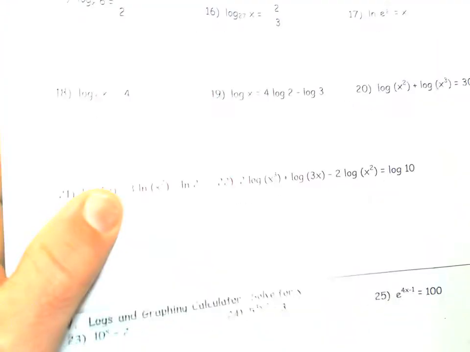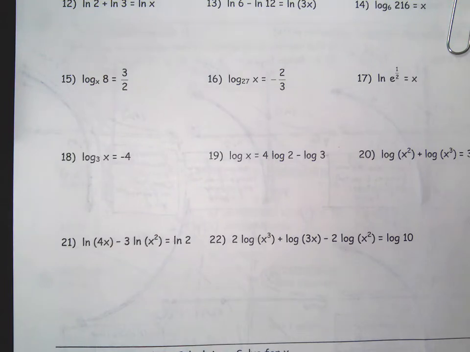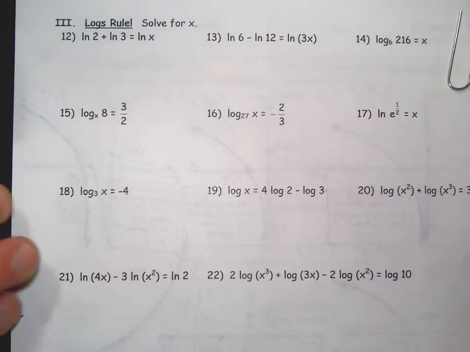We got solving some log equations. So there's two scenarios we're looking for here. We either want to get log equal log, a single log, and set their insides equal, or log equal number, and change it to exponential form.